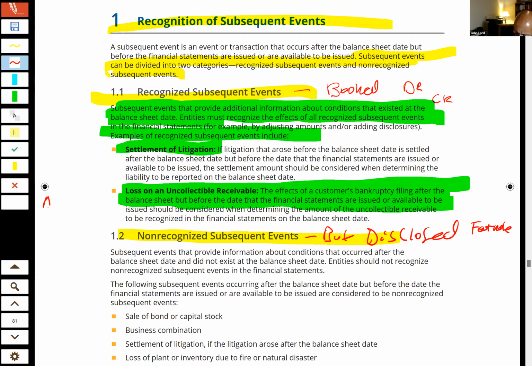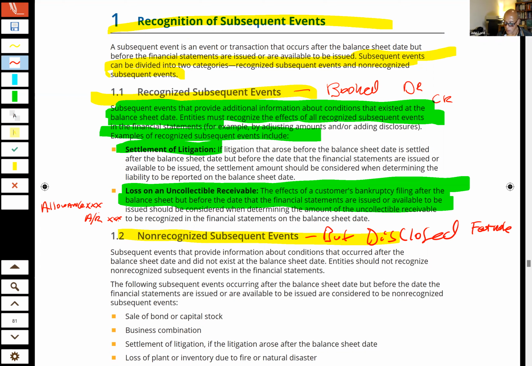So I would debit accounts receivable, I would credit the allowance. Boy, I'm having trouble with my debits and credits today. I would debit the allowance to write that off, and I would credit the accounts receivable, wouldn't I? I'm literally going to book that, even though I didn't find out the bankruptcy was filed until January.